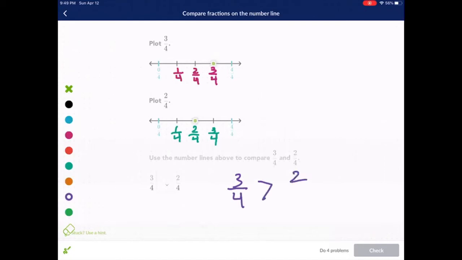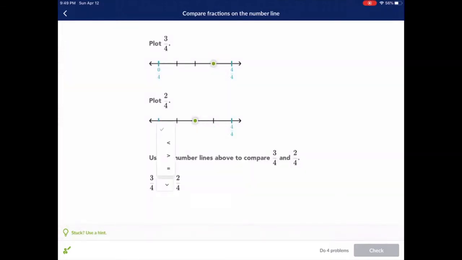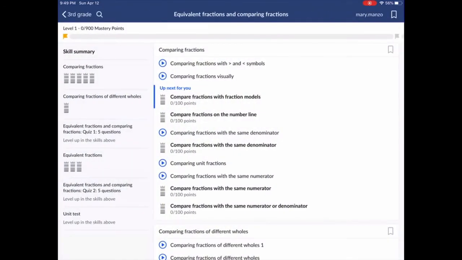So we have 3/4 greater than 2/4. Remember, this is less than. We don't want that. We want the mouth to be open to the bigger number. In this case, it's 3/4. So let me choose that. Let's see if we were right. Woohoo!